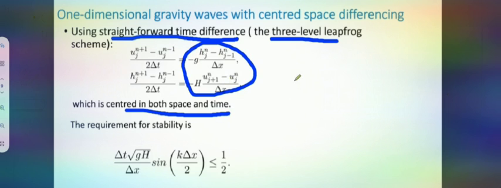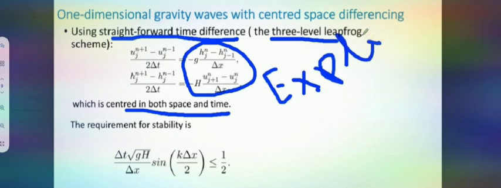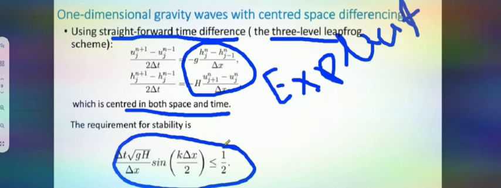Therefore, this is your explicit scheme. Clear? So therefore, you must have a stability restriction. This is the stability restriction for this leapfrog time differencing and staggered space central differencing scheme.